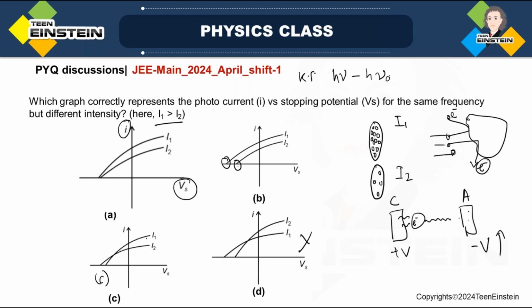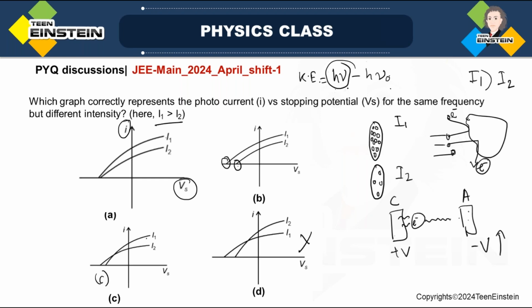So this energy will give the kinetic energy to the electron to reach the anode. Now suppose I have two lights, one has intensity I1 which is greater than intensity I2, but both of them have the same frequency.